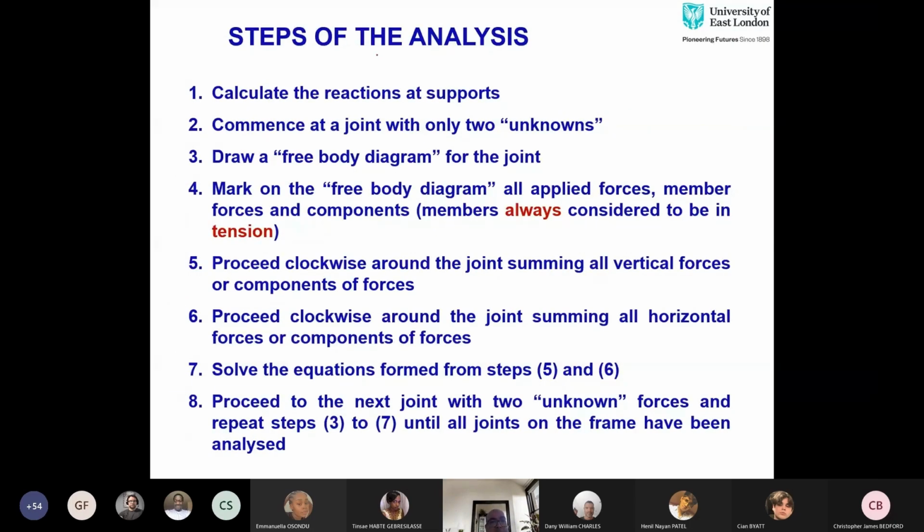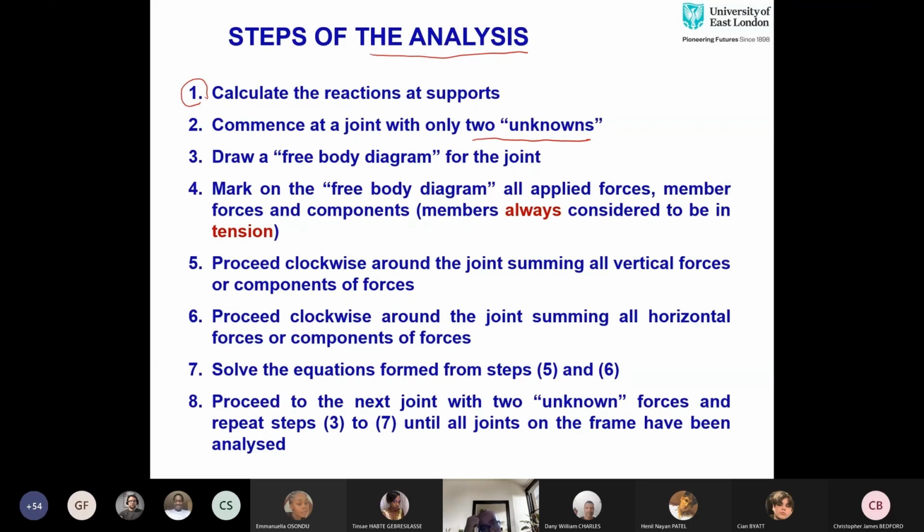Then these are the steps for the analysis. The first step is to work out the reactions at supports. The next step is to start at a joint with only two unknowns. If there are more unknowns, then certainly you cannot solve it. And then draw a free body diagram of the joint.